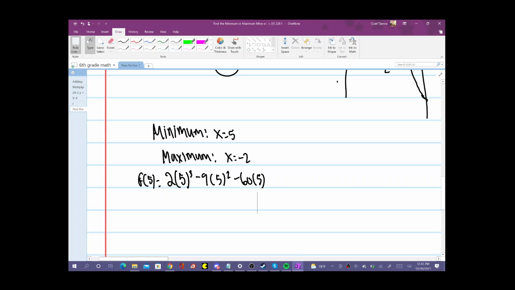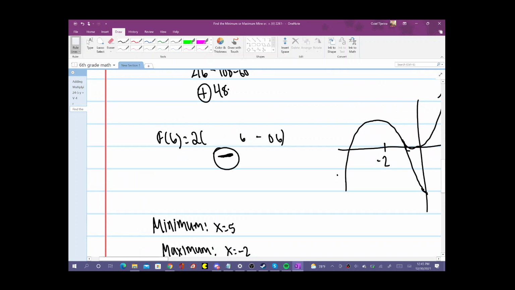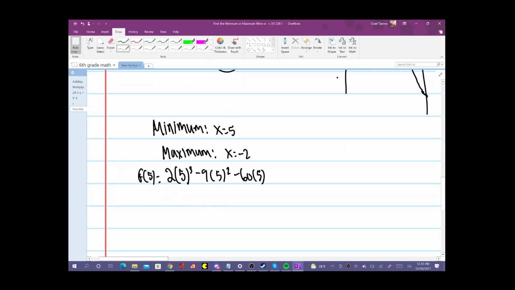This becomes, so if we plug in 5 for x, -275, so it's negative, right? So this is -275.